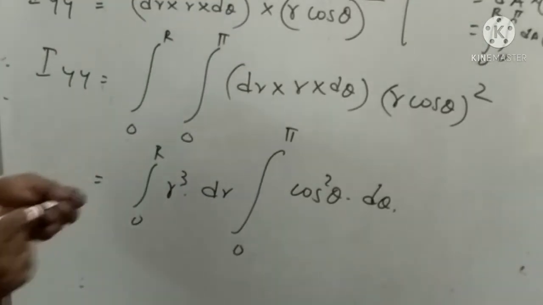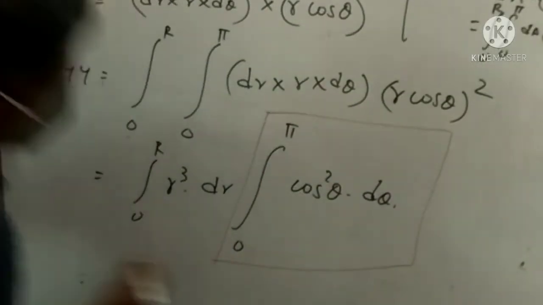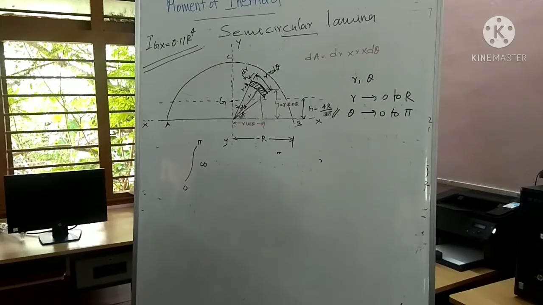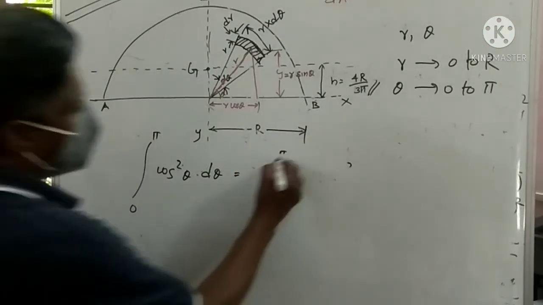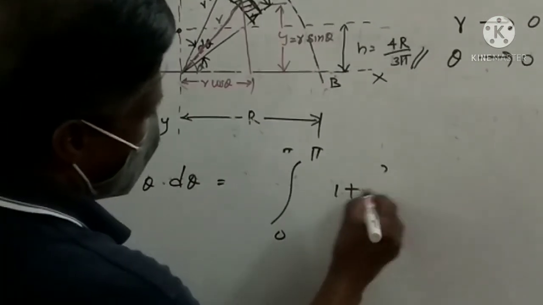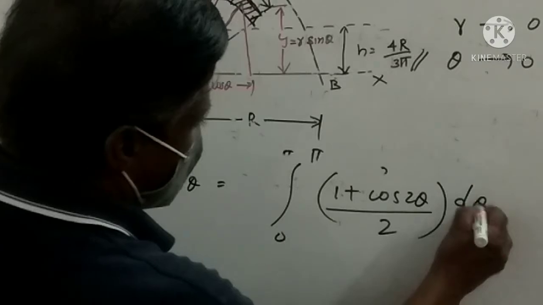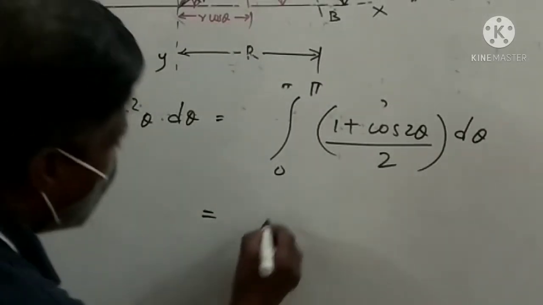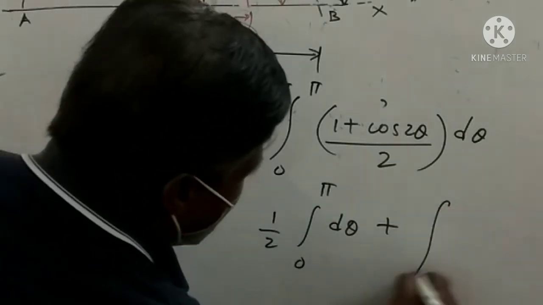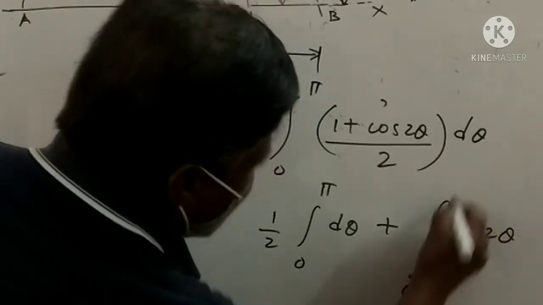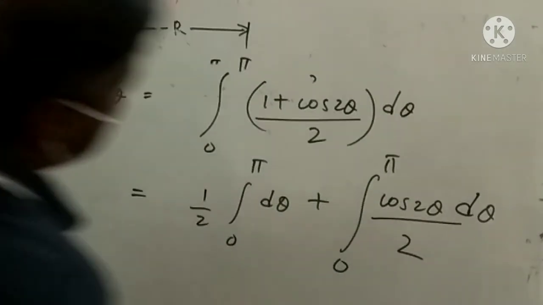Okay, so as I said earlier, here also you have to integrate the inner part first. That is integral 0 to pi cos square theta into d theta is equal to integral 0 to pi, 1 plus cos 2 theta divided by 2, into d theta, which is equal to half into integral 0 to pi d theta plus integral 0 to pi cos 2 theta into d theta divided by 2.